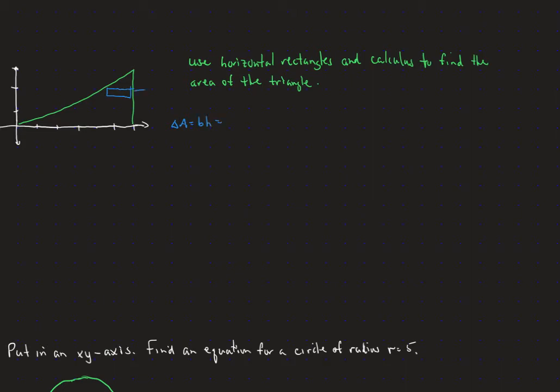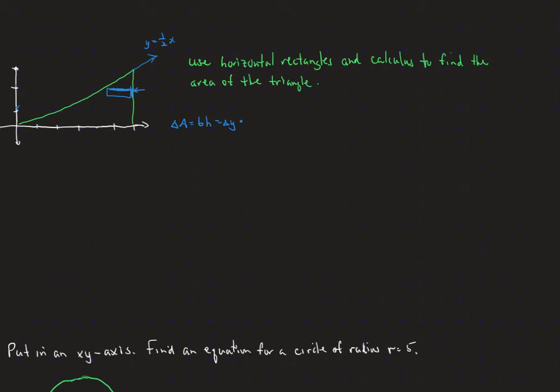And we can see that our height is going to be a delta y, which means we need to get our base in terms of y. So we need an equation for this line. This line goes through the origin, and it's going to rise 3 and run 6. So that's going to be 3 over 6, or 1/2. So that's y equals 1/2 x.